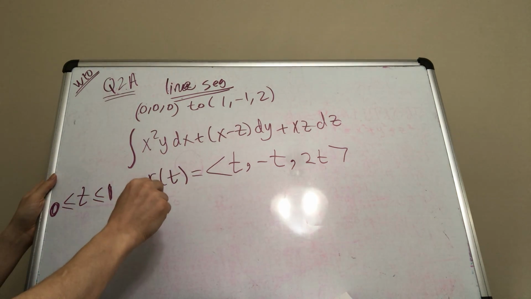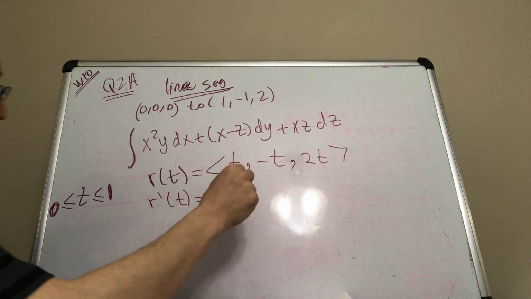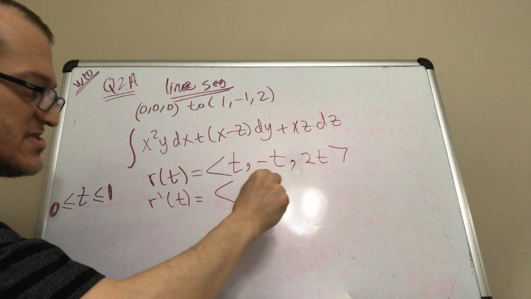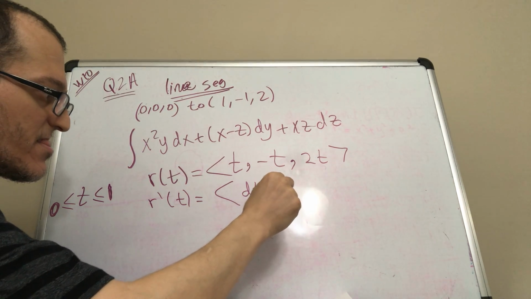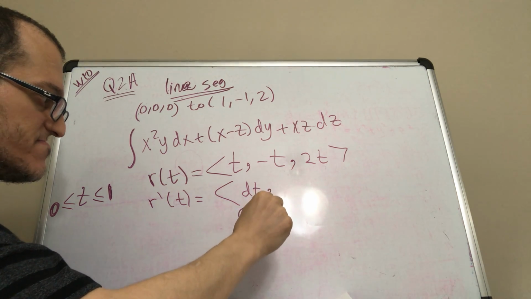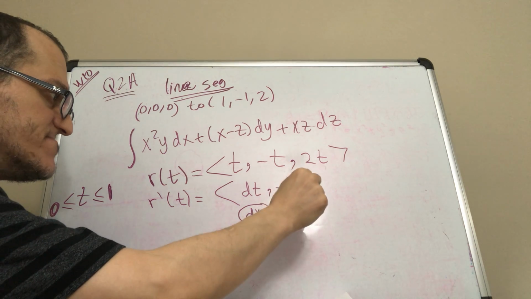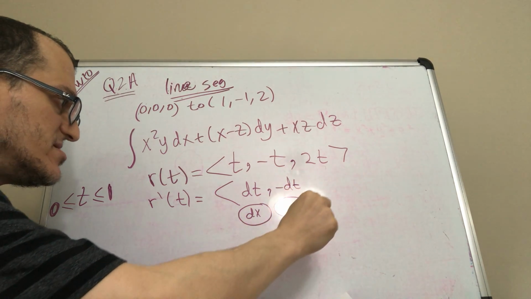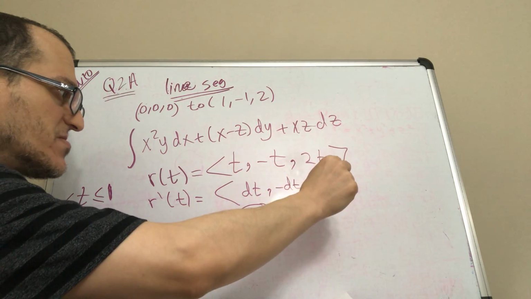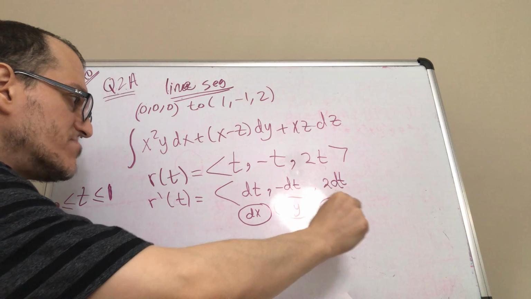So what you need to do is find the derivative for this. The derivative for t is dt, and this will be your dx. Derivative of this would be minus dt, and that would be your dy. And the derivative of this would be 2 dt, and that would be your dz.